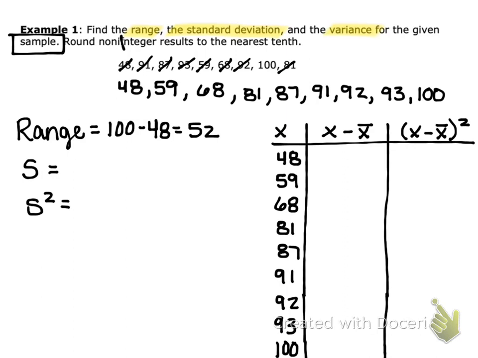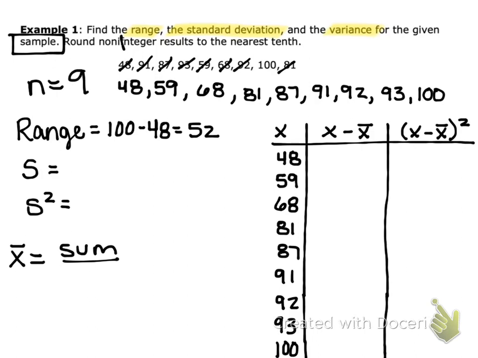Okay. Now, in order to actually fill out the second and third column, we need the mean. So now we need to find the mean of our numbers. Remember, that means we're going to do the sum divided by the number of numbers. 1, 2, 3, 4, 5, 6, 7, 8, 9.